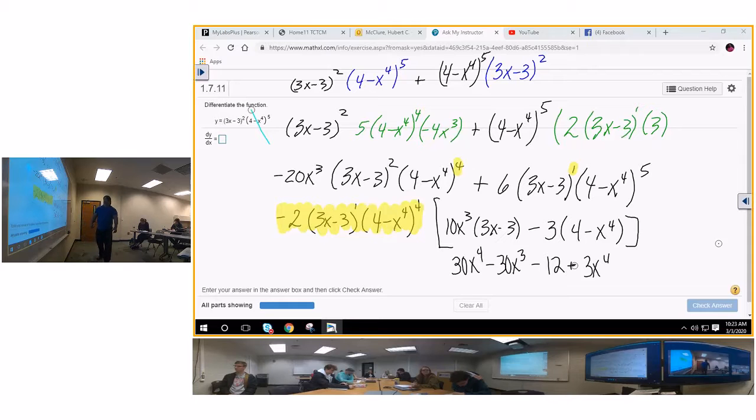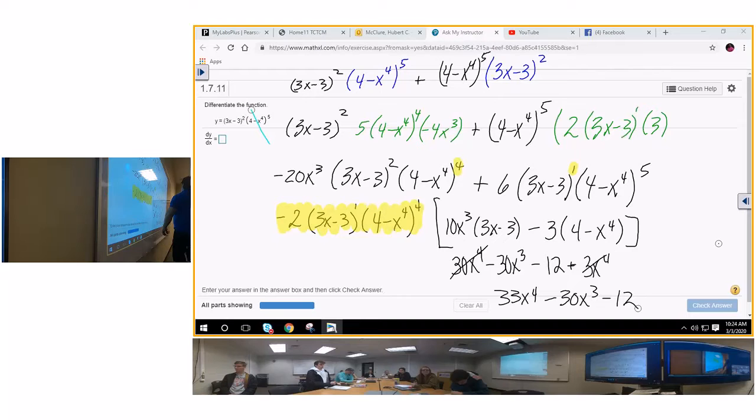Y'all check me on that. And that'll be 33x to the fourth minus 30x to the third minus 12. You could factor out a 3 there, and that 3 can come out here. I don't know if they're going to do it or not, so let me make this a little bit smaller.